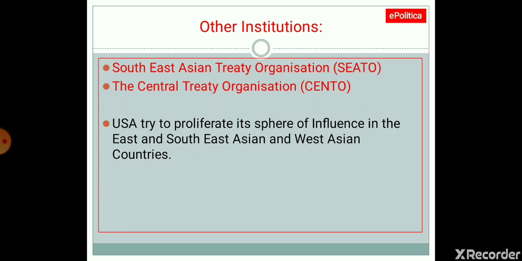To succeed in this, the United States created two important organizations by taking into account the membership of Asian countries: the Southeast Asian Treaty Organization, in short SEATO, and the Central Treaty Organization, in short CENTO. SEATO and CENTO were created under the leadership of the USA so that its sphere of influence could be enhanced from Europe to the Asian continent.